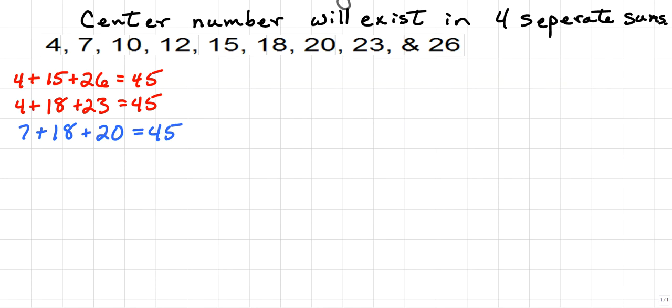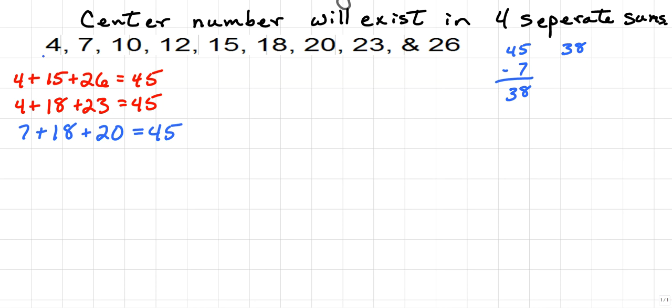So using the same concept, we'll take 45 and subtract 7 from it to get the balance of what we need to find, and that's going to be 38. So we already know that if we take 38 and subtract 18, we get 20, and that will add up to 45. But let's see what else happens.